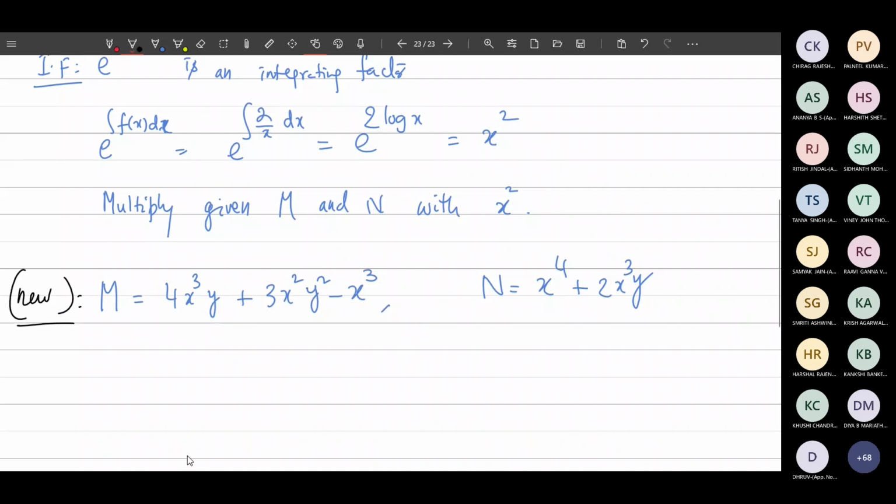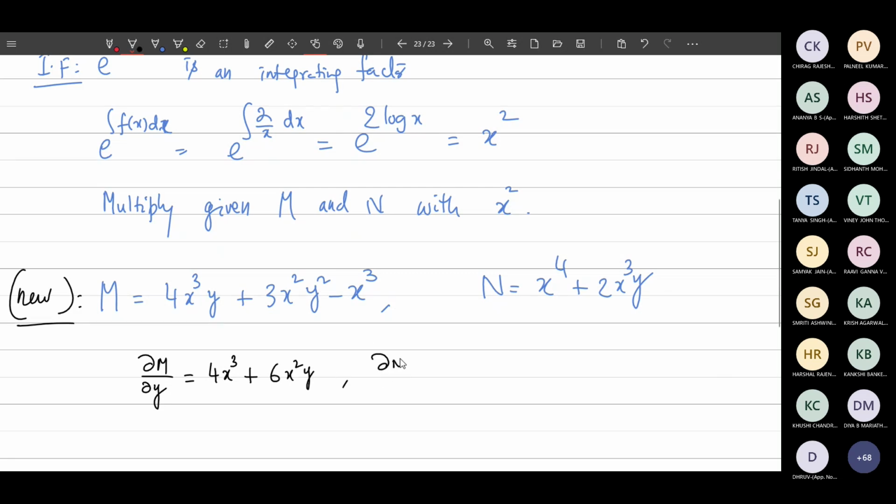And with these new values, the equation becomes exact, because we are multiplying with the integrating factor. Now with the new values, if you compute m with respect to y: x is constant, 4x cube; 3x square into 2y, that means 6x square y; x constant, 0.